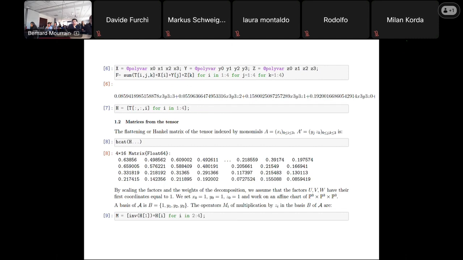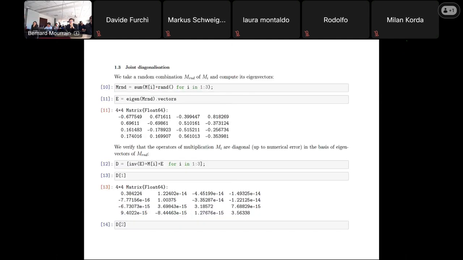We shift the block by 2, we get the multiplication by z2, and the same for z3. So this Hi, the 4 by 4 block corresponding to i here, times the inverse of H1, which is the first block, is in fact the multiplication by yi.